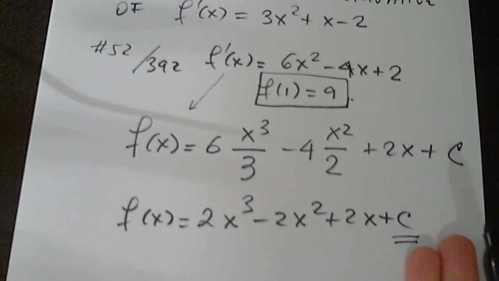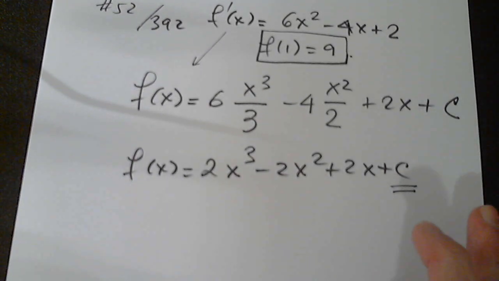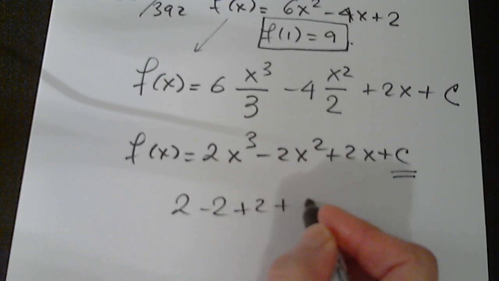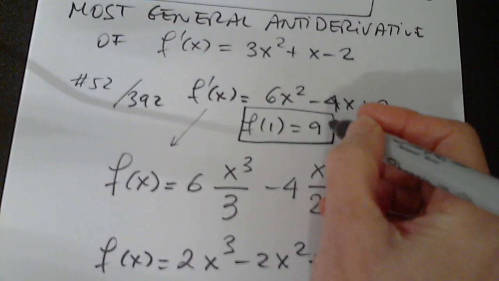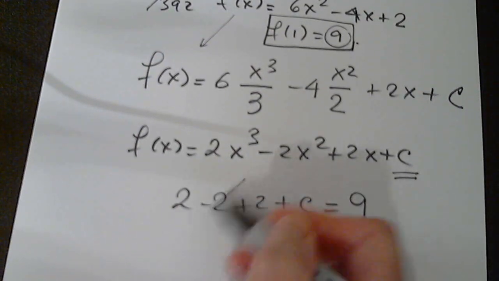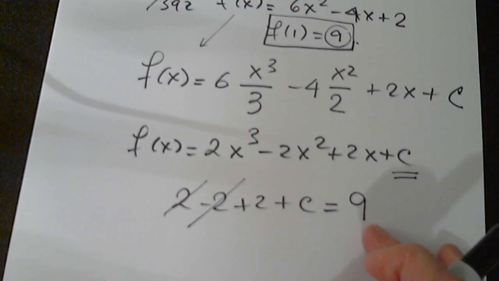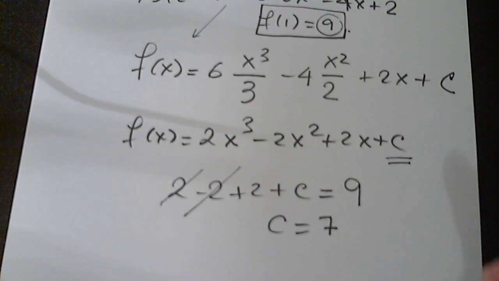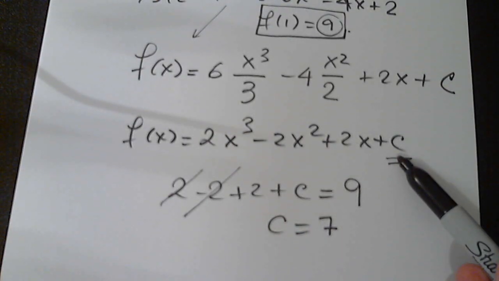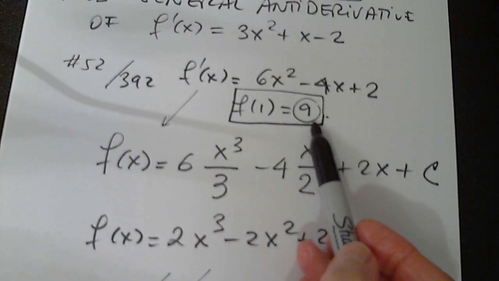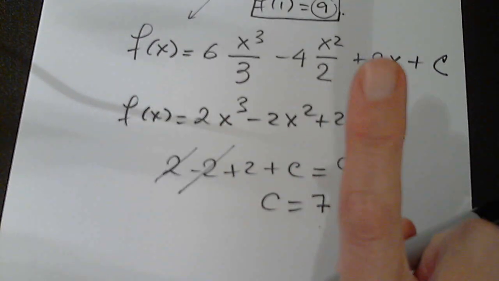This is also called the constant of integration, but we're going to talk about integration in a minute. Okay, so when I plug in 1, I have 2 minus 2 plus 2 plus c, and I am told that f of 1 is 9, so I have to set this equal to 9. These two go away. 2 subtract from 9, c must be 7. So from finding first the most general antiderivative of this function, with a given condition, I determined one function.